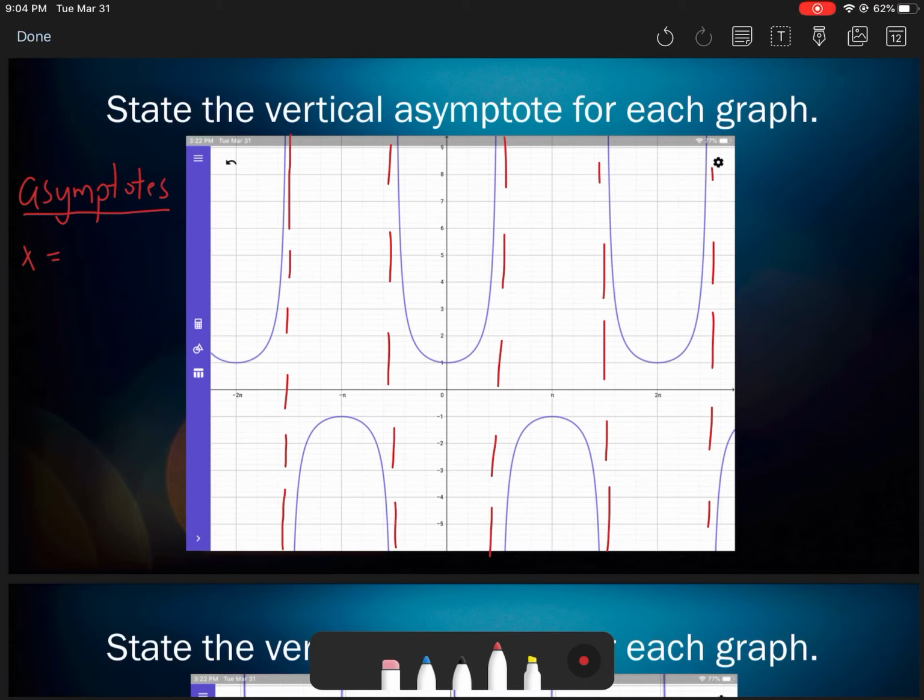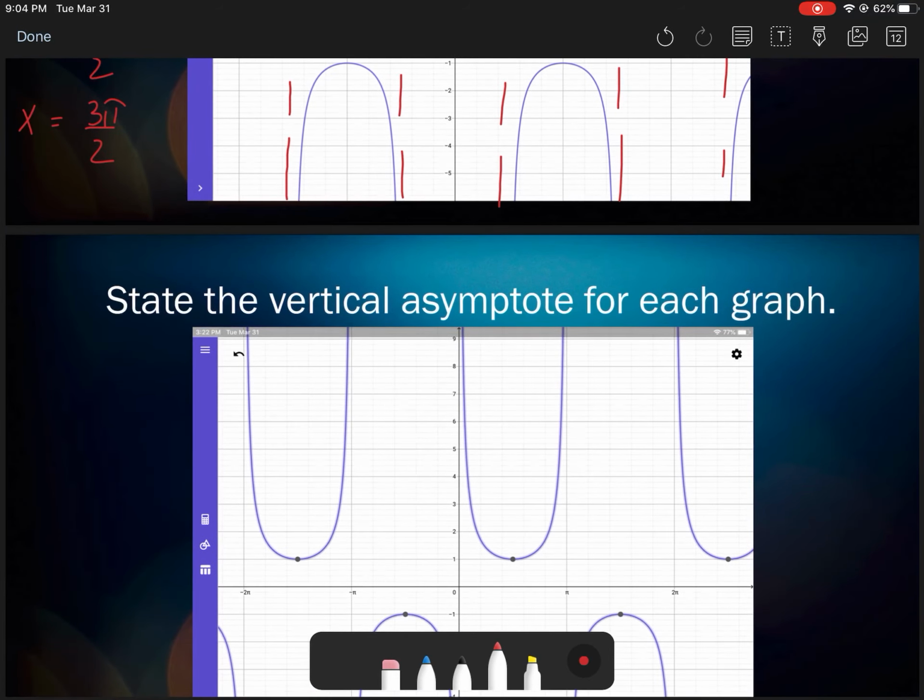X equals negative 3 pi over 2. X equals negative pi over 2. X equals pi over 2. X equals 3 pi over 2. Okay.